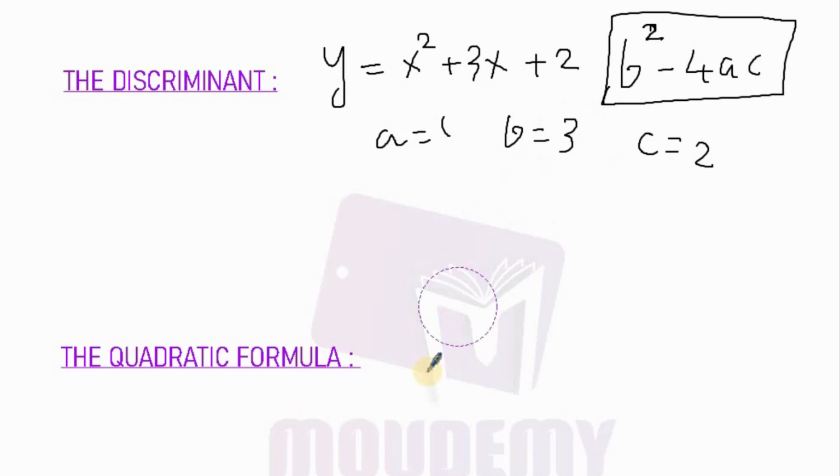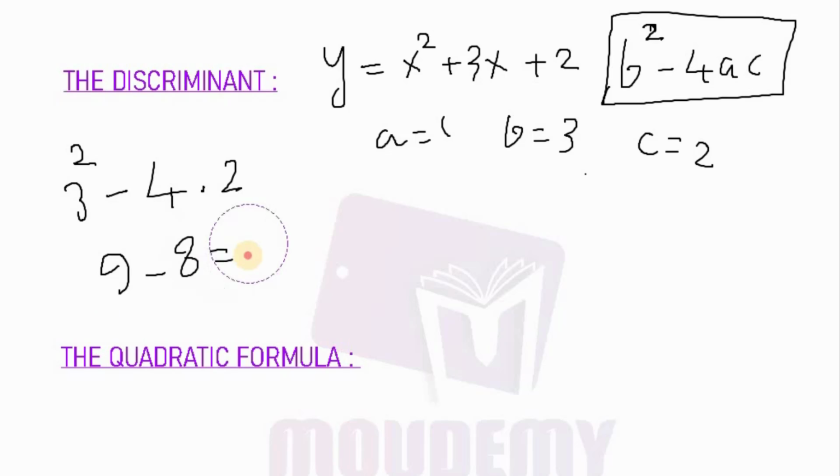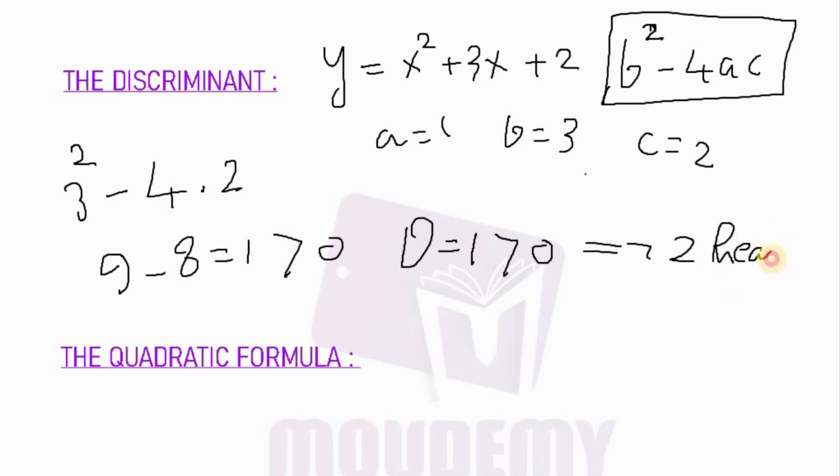This is the discriminant of the function. Now let us find it. We have b squared, 3 squared, minus 4 multiplied by 1, multiplied by 2, which is 8. We have 9 minus 8 equal to 1, which is bigger than 0.